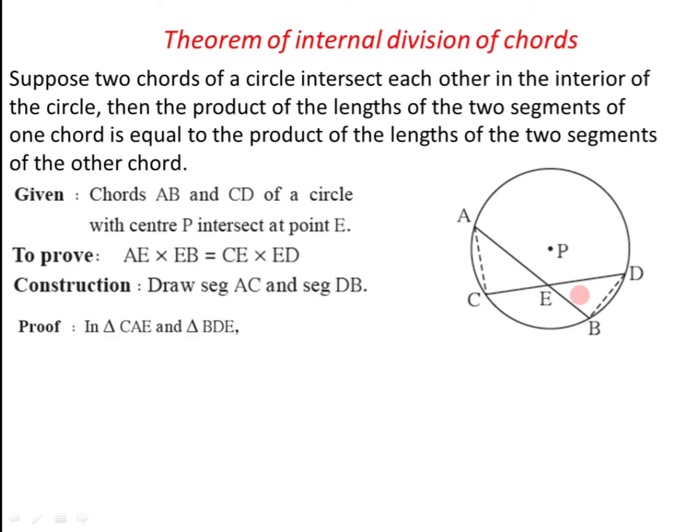Now for these two triangles, we have the first pair of congruent components, that is angle AEC is congruent to angle DEB. As these two angles are vertically opposite angles, they must be congruent.